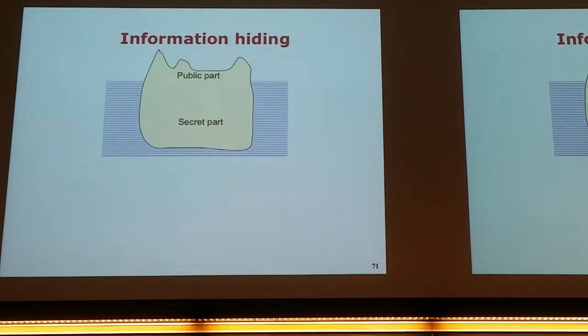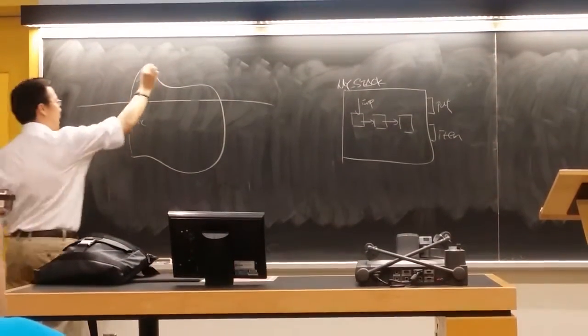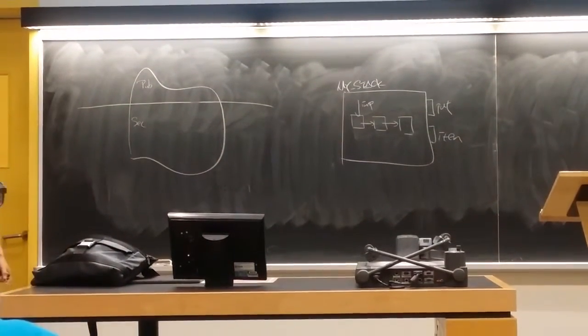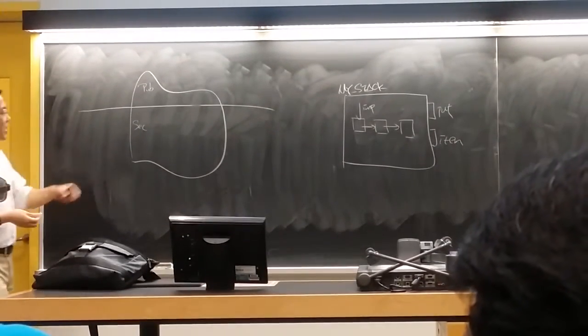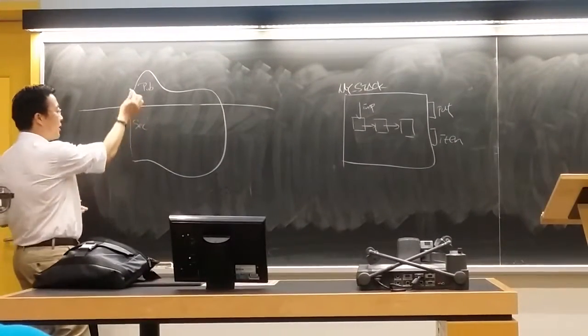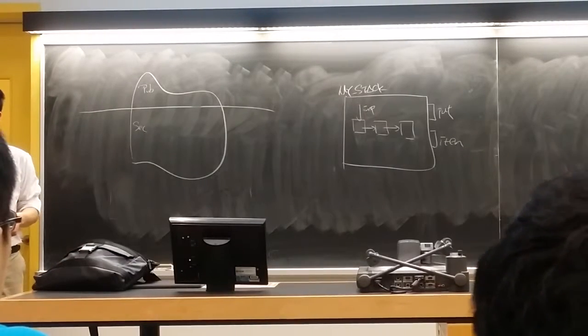Let me use a diagram on the board as well. The whole thing would be the supplier's code, either public or private. This part, above the sea level, is exported or made available to the clients.